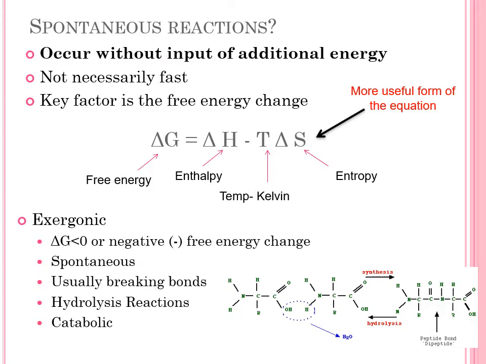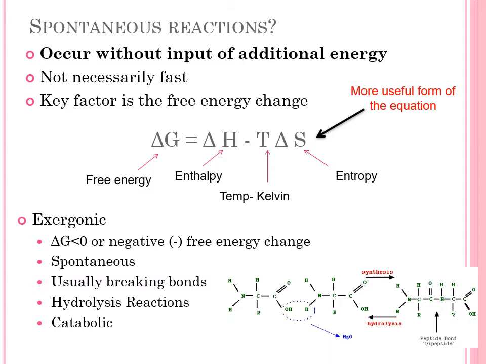So this term spontaneous reaction, whenever you see the term spontaneous, I want you to think of a reaction that does not require any energy input. And so spontaneous reactions are going to occur without any input of additional energy. We're not talking about something that's happening very fast, we're talking about something that just can take place on its own because it doesn't require any energy input.